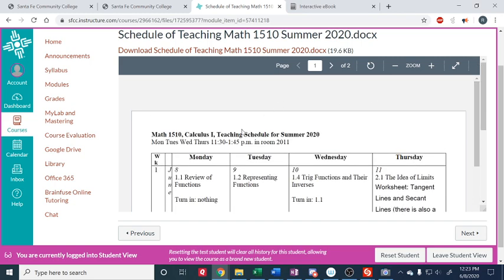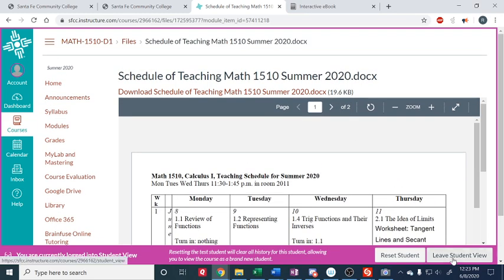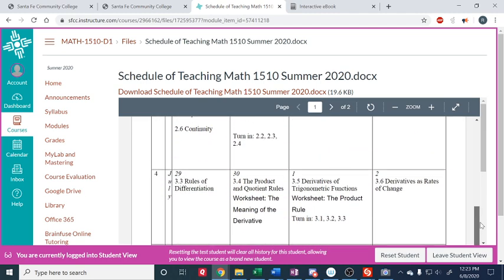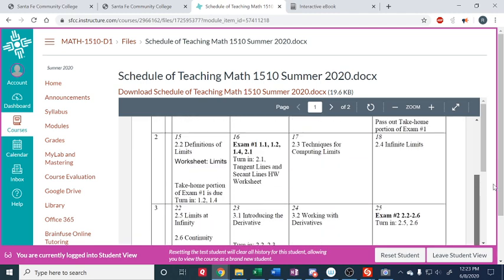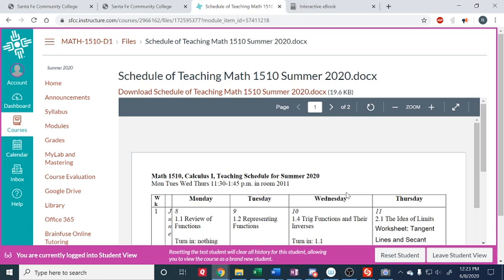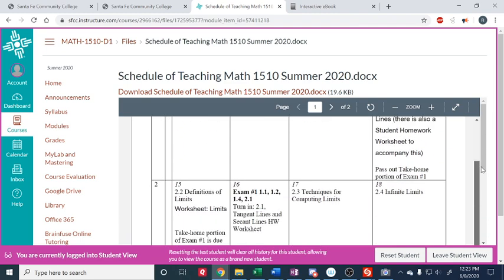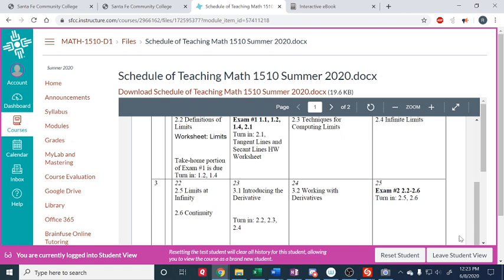This isn't the very latest. The summer schedule, I keep tampering with it, and I didn't upload the very latest one. During our 15-minute break, which will be starting shortly, I will upload the most recent one, but it'll have all kinds of information in here about what we're doing when.